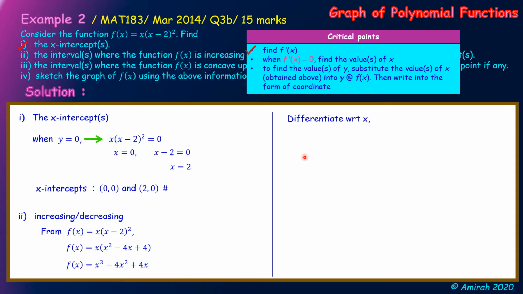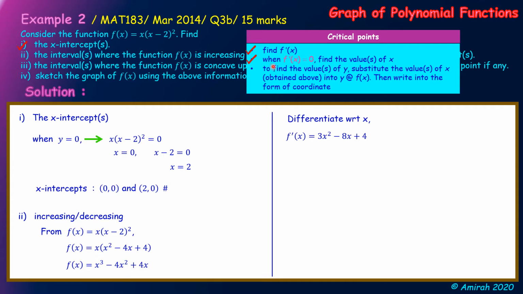After that, we can differentiate one by one with respect to x using the sum and difference rule. So we differentiate f(x), we have f prime x. Differentiate x cubed, we have 3x squared. Differentiate negative 4x squared, we have negative 8x. And differentiate positive 4x, we have positive 4.